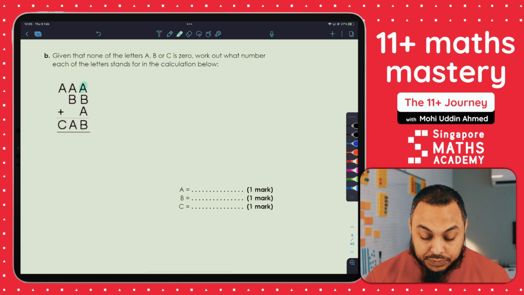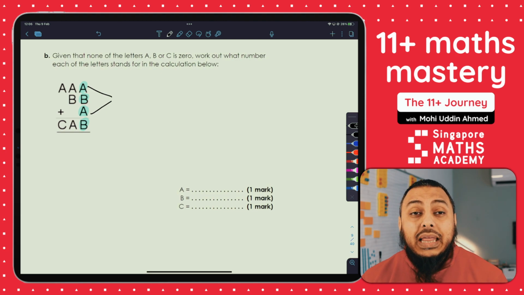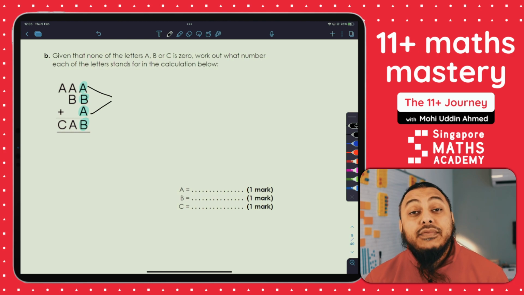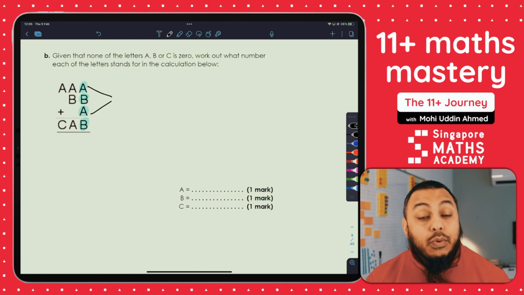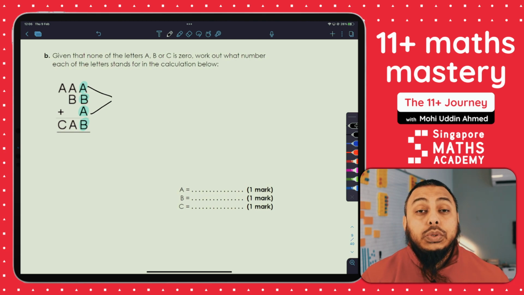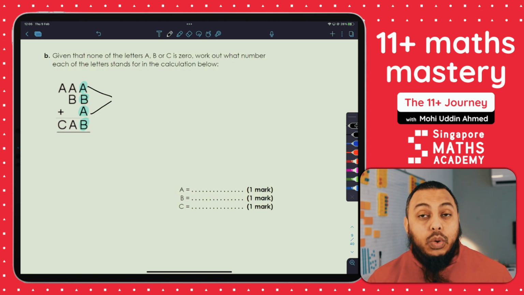So here you've got A plus A plus B still gives us B. That must mean that when we add the two A's together, we must get 10, because 10 will have 0 ones, and then we would have the B on its own, so 0 ones, add the B will give us B for the ones column.